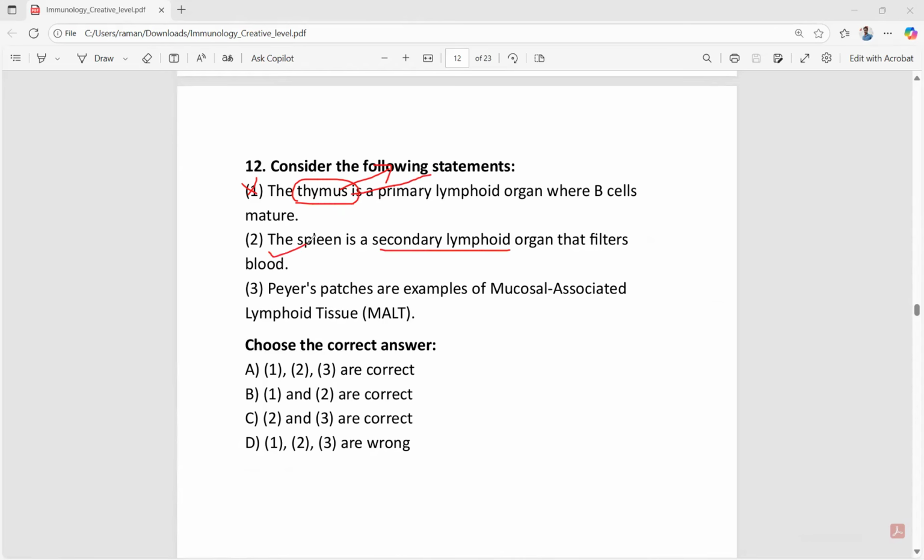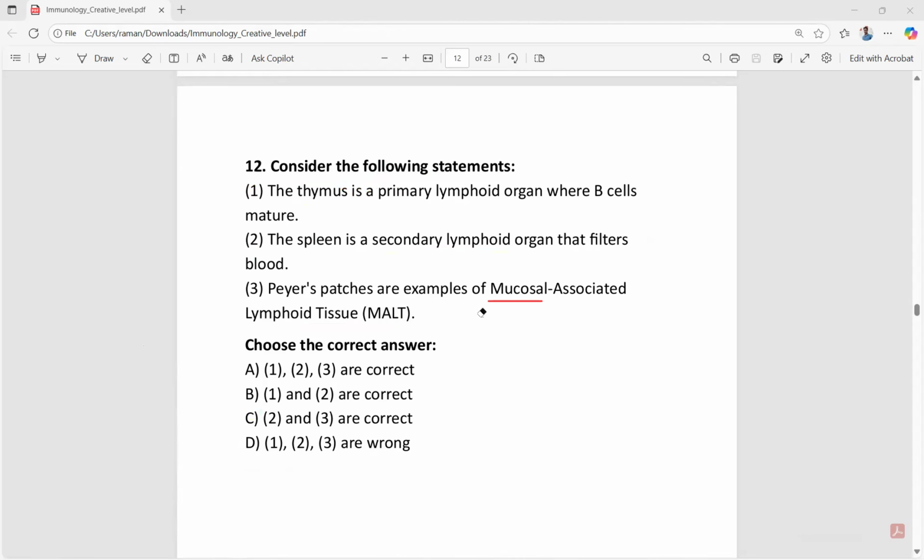That filters blood, so this is correct. Peyer's patches are an example of MALT, mucosa associated lymphoid tissue present in the gut region. So 2 and 3 are the right answer. So option C is the right answer.